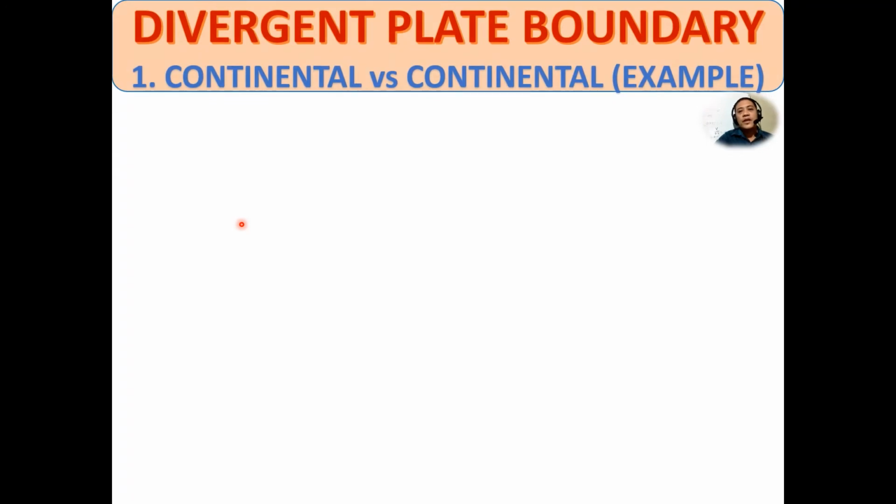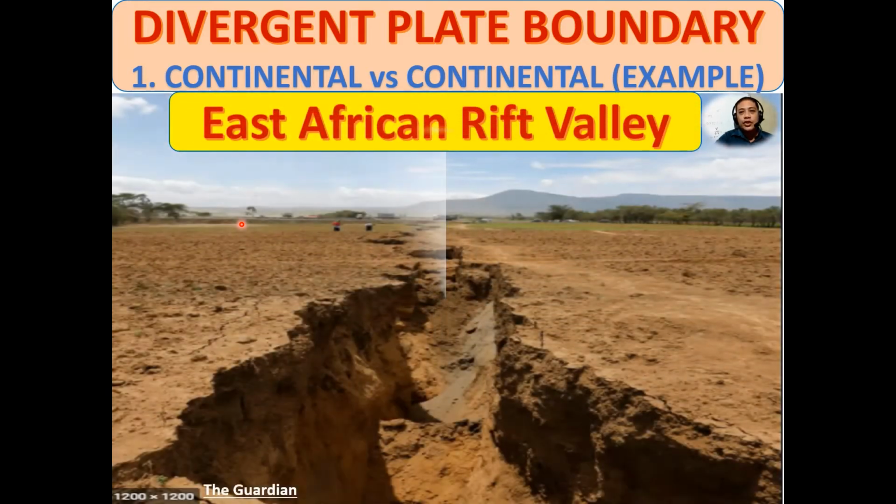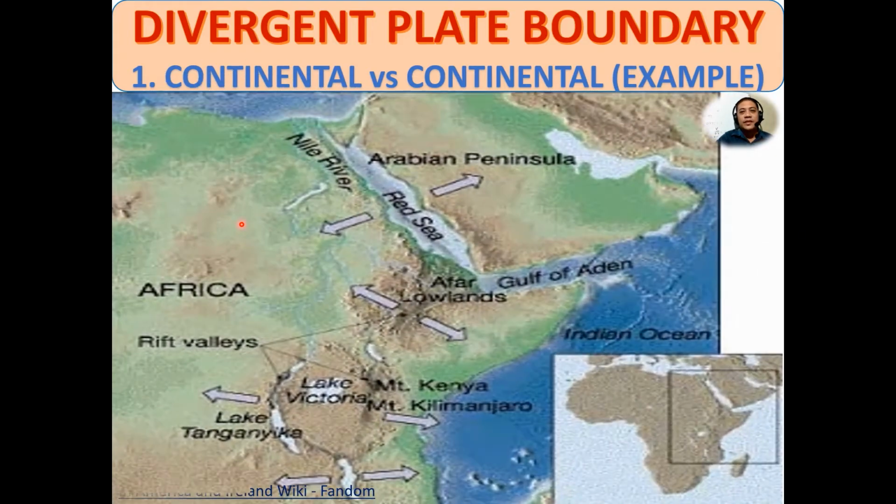The East African Rift Valley of Africa is an example of a rift valley which was formed due to the moving apart of two continental plates, the African and Somalian plates.